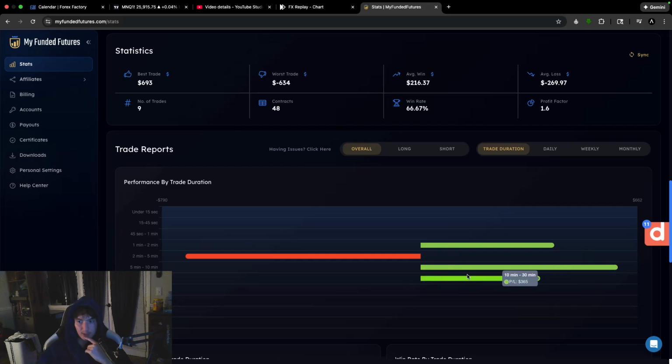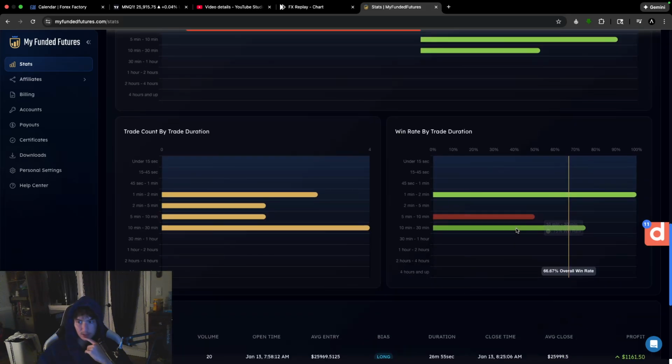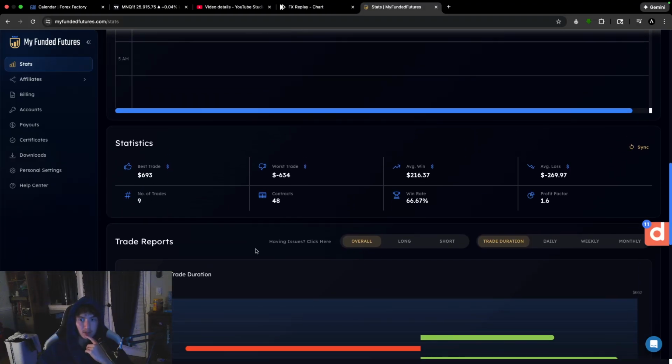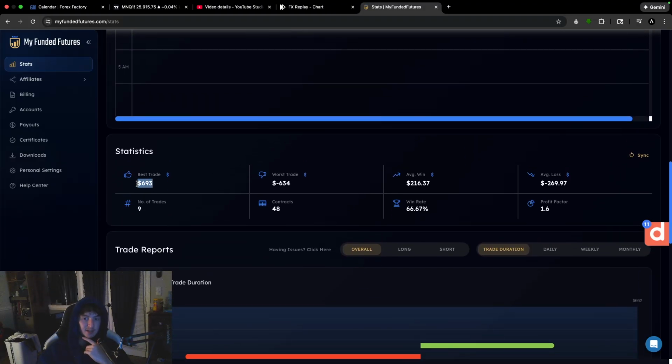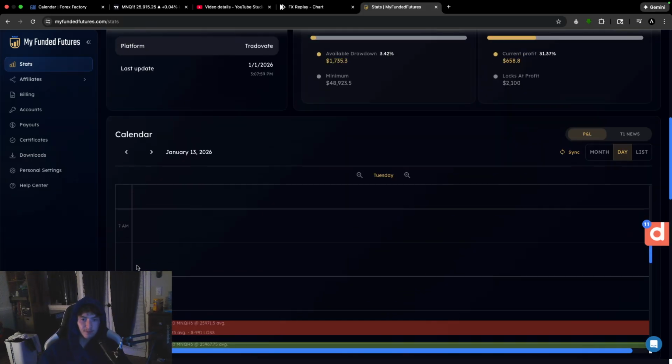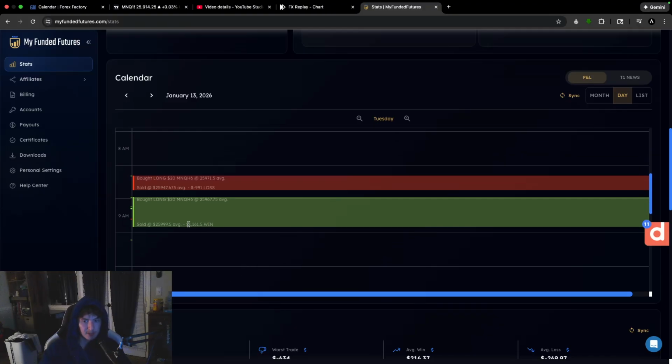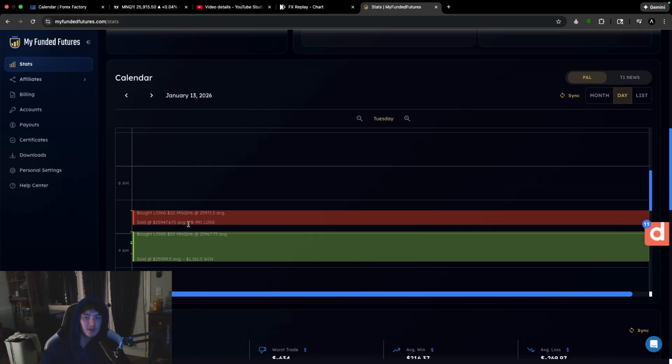Technically it says 693, but I scaled it in with 2 minis, so it was a bunch of entries. A more realistic number is a $1,000 loss. That's what it really was, but the difference is only about $200.